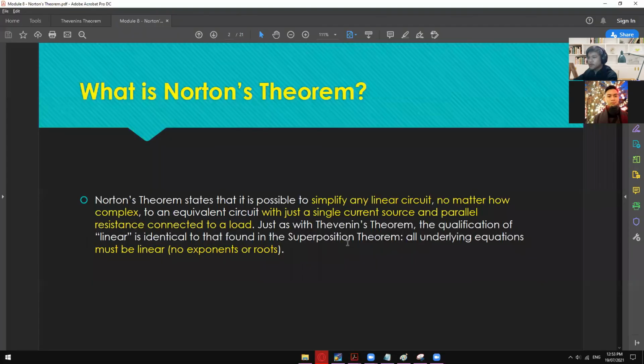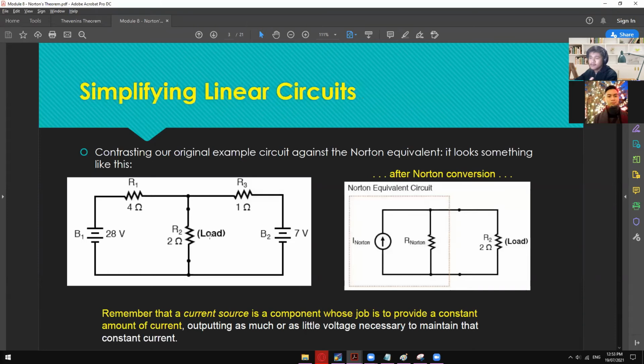Going back to our topic, Norton's theorem has the same concept: you can simplify any linear circuit into a super simplified version, as long as it doesn't have exponents or roots. Let's use the same example: 28 for the R load, then 7, and then 1 right here.